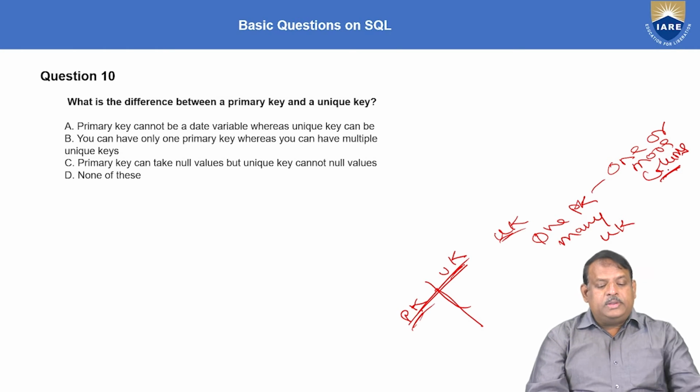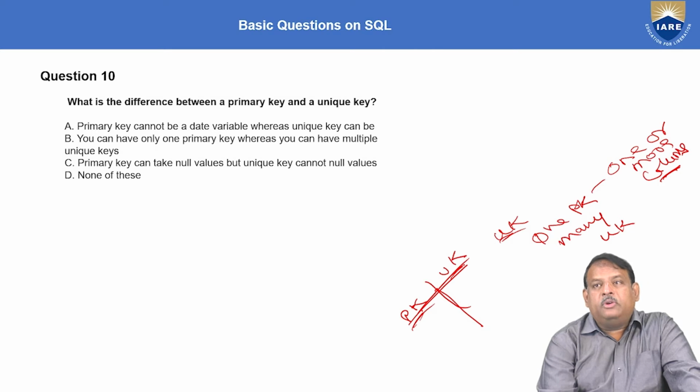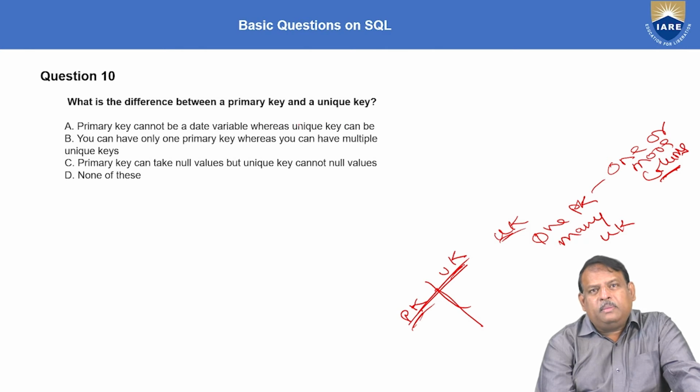Now we'll see what options are given to us here. A primary key cannot be a date variable, whereas a unique key can be. See, a primary key can be made on any column, so this is a wrong answer.